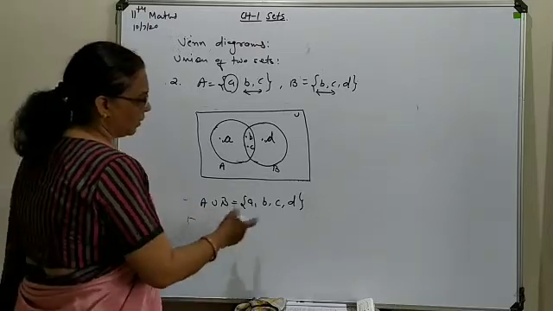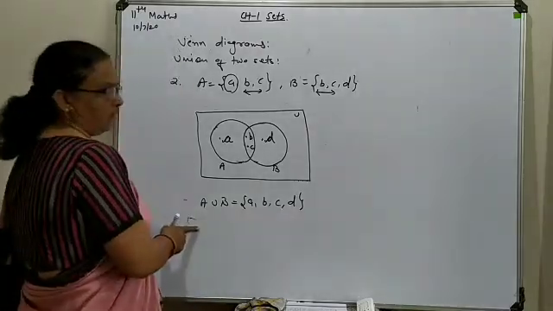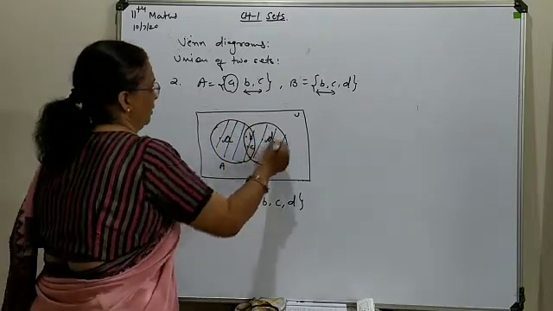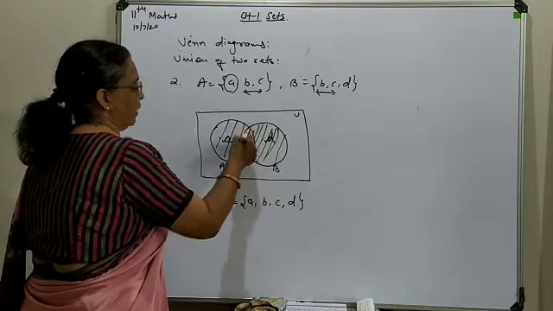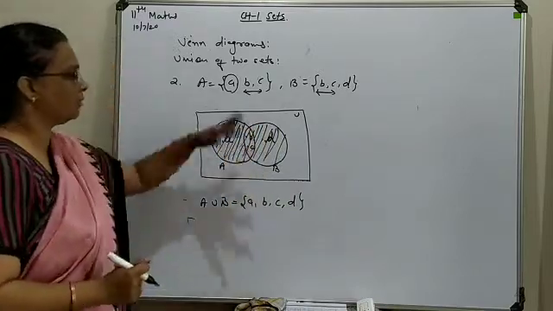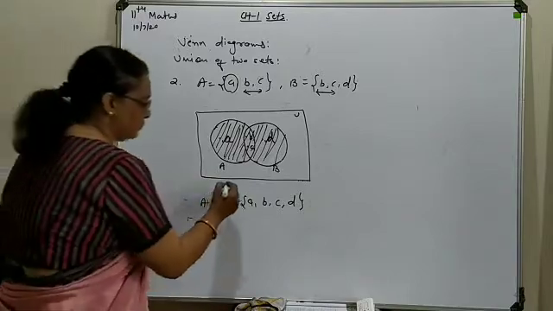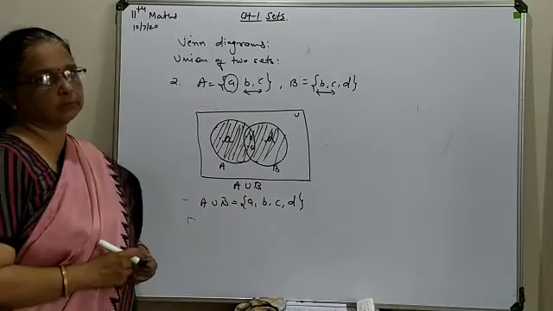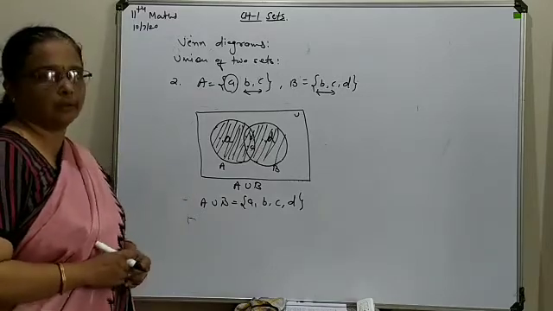In your answer form you can see all 4 elements are to be included, meaning this full section you will shade. If you are using a pencil you can shade it easily. With a pen it is not possible. So this way this will give you the union solution on the Venn diagram.